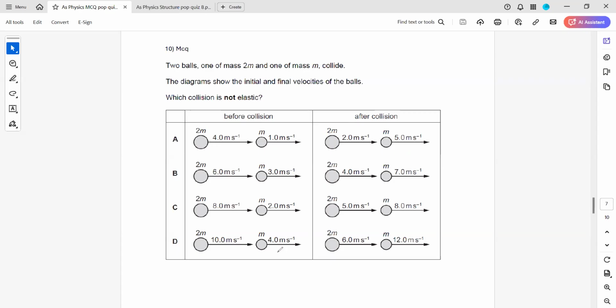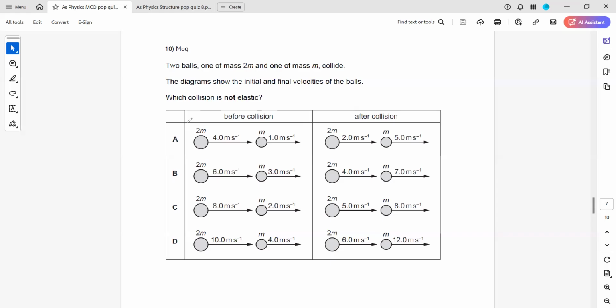Yes, you can check the kinetic energy directly. But the reason I was calculating the momentum is that if the momentum is not conserved, I will not move on to check the kinetic energy.